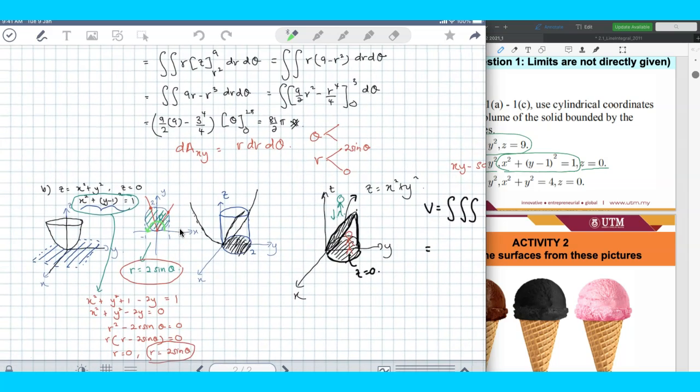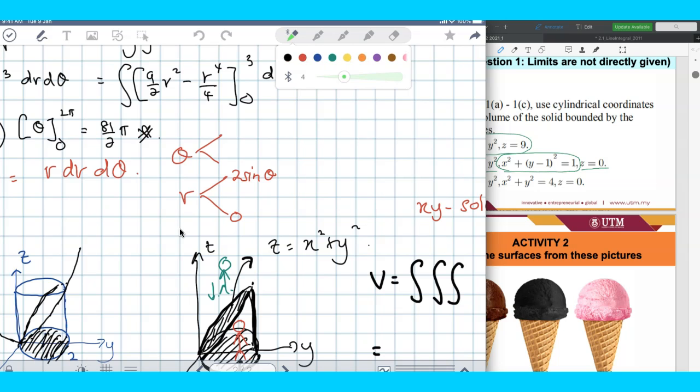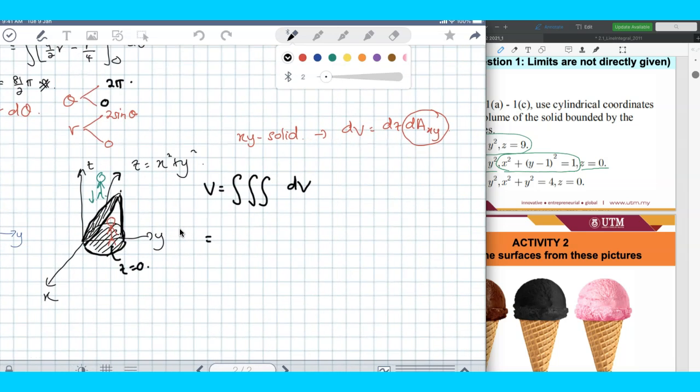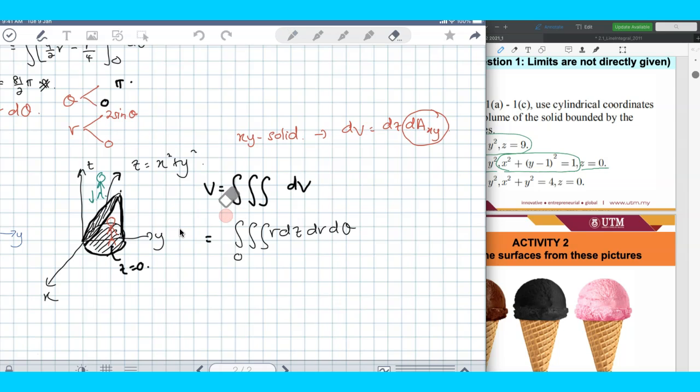So your limit of theta is 0 to 2 pi. Okay, so then we plug in: dz r dr d theta, 0 to, this is not 2 pi but pi. Okay, 180. Sorry about that. Just pi. So theta 0 to pi and r 0 to 2 sine theta.